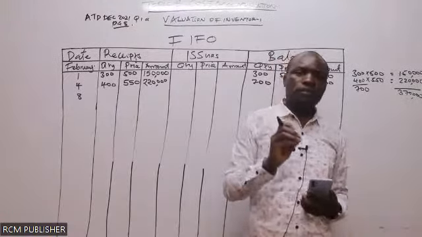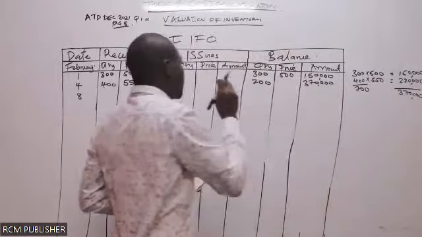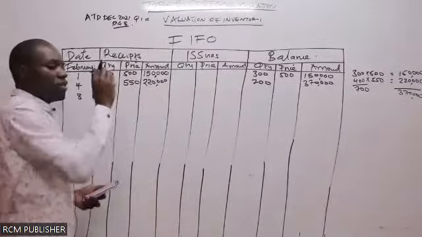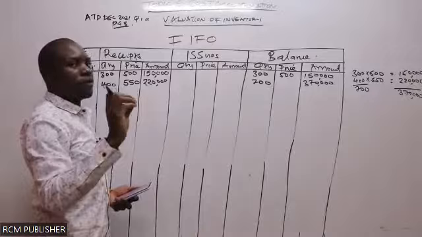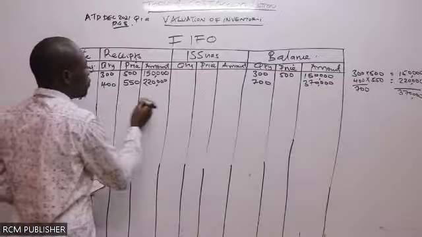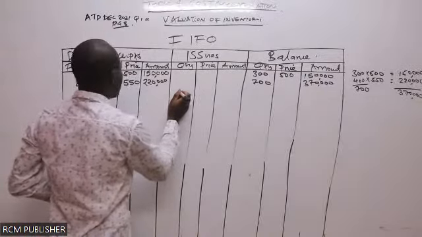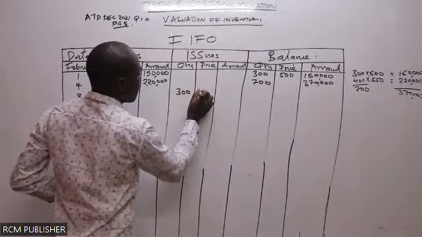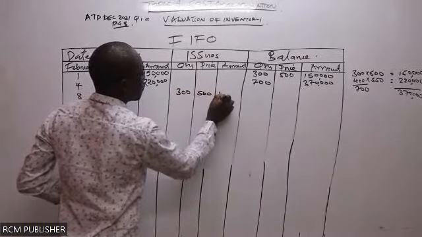This 550, the goods that have been here for the longest time possible, is the opening stock. So this opening stock cannot give us the entire 550 units at once. So if you're going to issue, we first of all take away the 300 units which were brought in at 500.